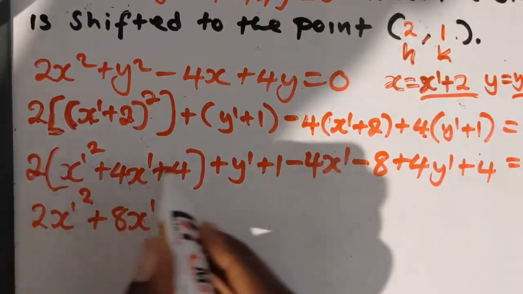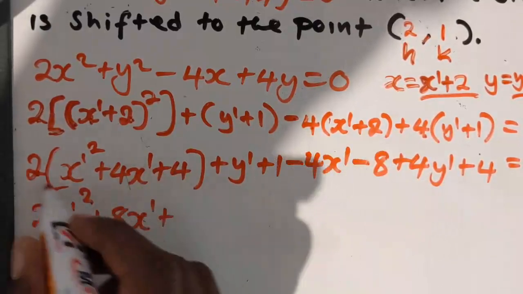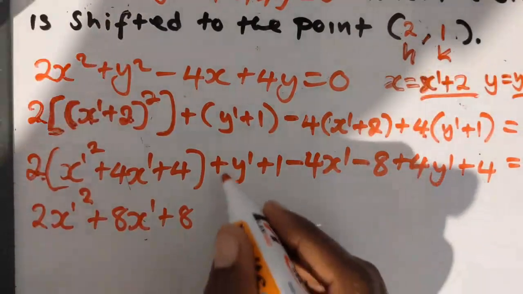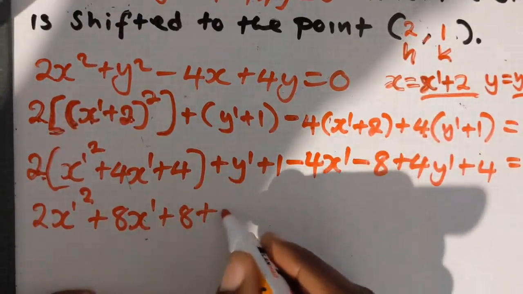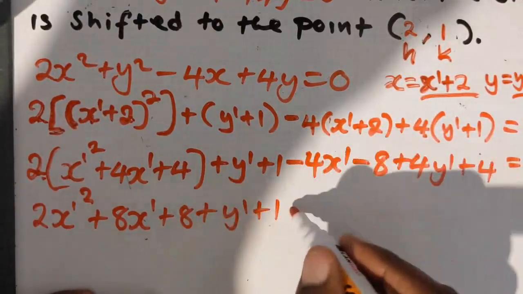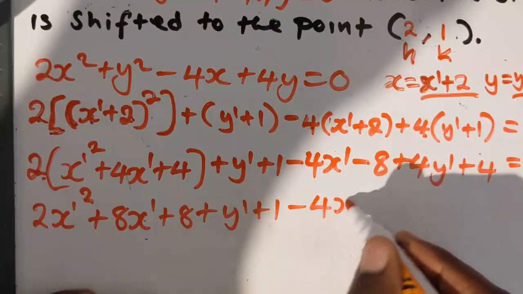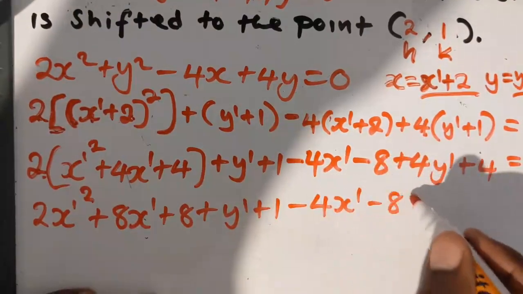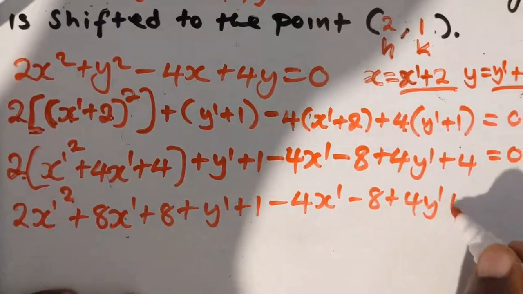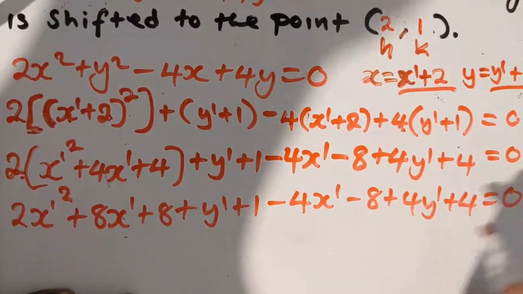Then 2 times 4, you're going to have 8, like that. Then here, you're going to continue y prime plus 1. I'm just copying what is here. Then 4x prime minus 8 plus 4y prime plus 4 equal to 0.